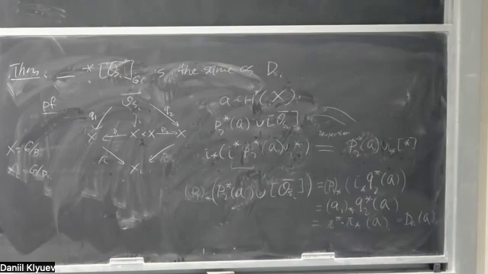Maybe the reason why they call it convolution is if you have another thing, then you can define the action of the nil-Hecke algebra on that thing by convolution.